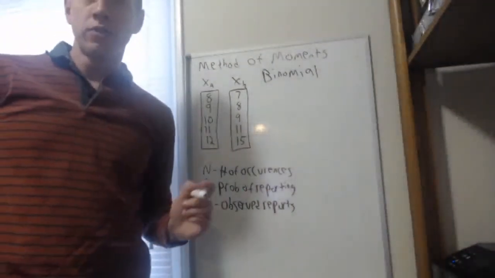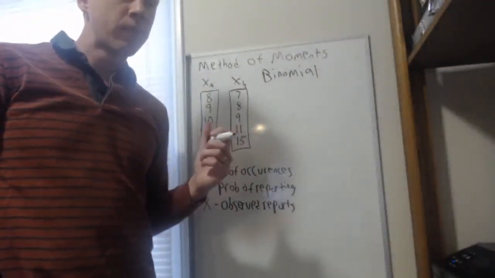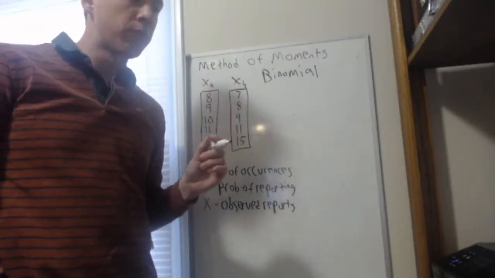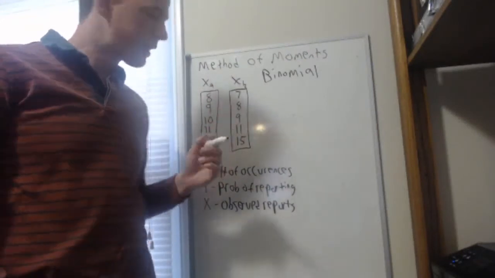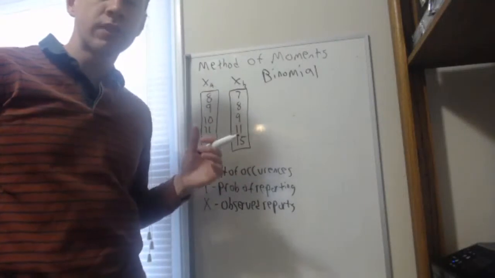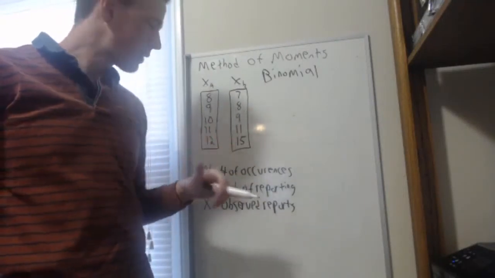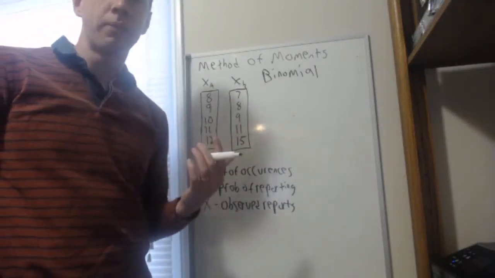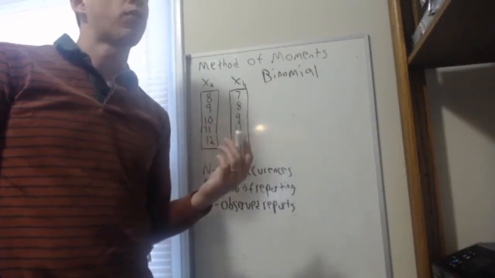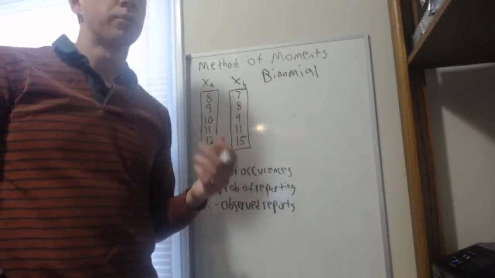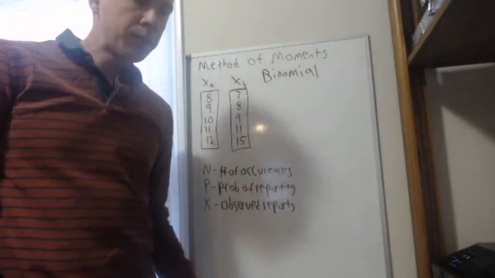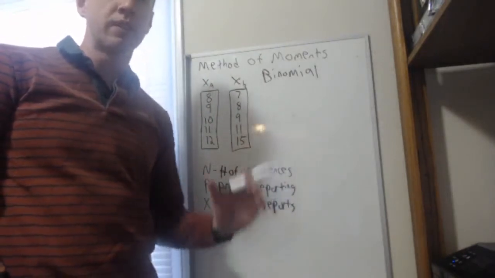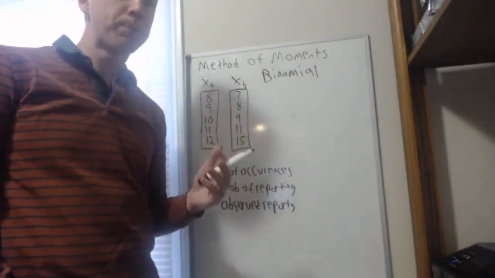When I first learned about this method of moments for the binomial distribution, the example that I was given is that n is the number of crimes occurring in a city each day, perhaps, and p is the probability of that crime getting reported. So lots of crimes get committed, but maybe go unreported because the person who is the victim of the crime either doesn't notice or chooses not to report, thinks it's not important enough, or doesn't feel comfortable reporting.